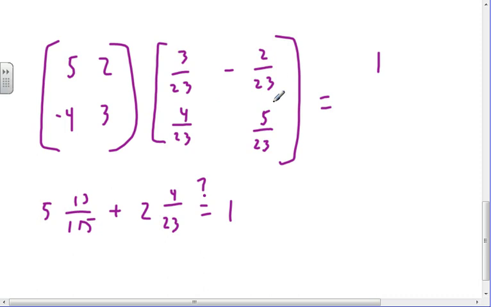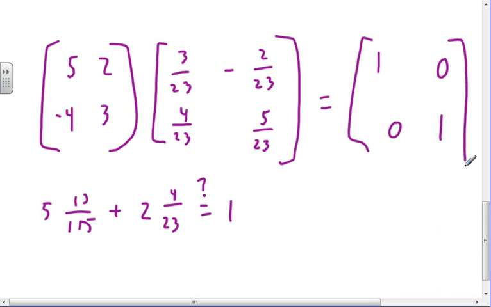First row, second column, minus 10 plus 10 is 0. Second row, first column, minus 12 plus 12 is 0. Second row, second column, 8 plus 15 is 23, is a 1. Okay, now we got it right.